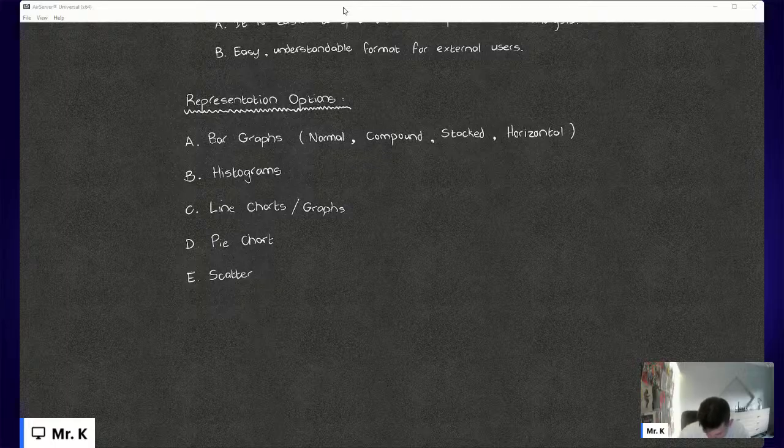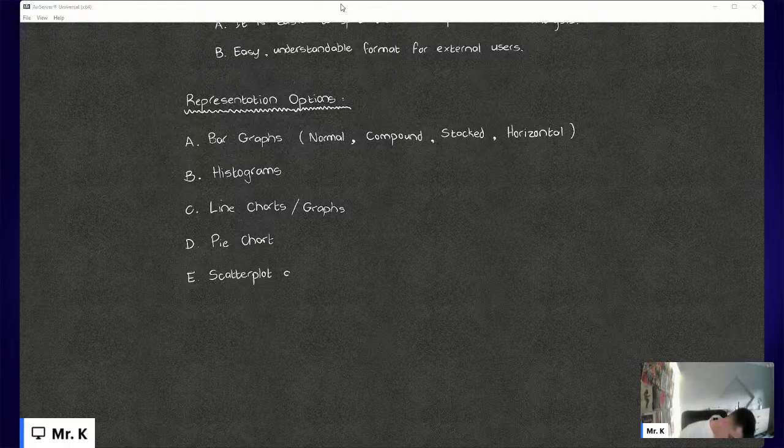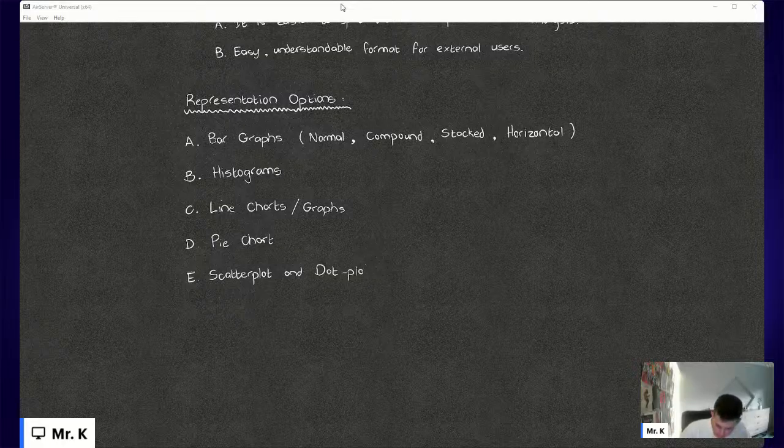This is going to become more important next year in grade 9 if you haven't discussed it yet. A scatter plot and dot plot. Scatter plots and dot plots are also quite a useful way to show information.